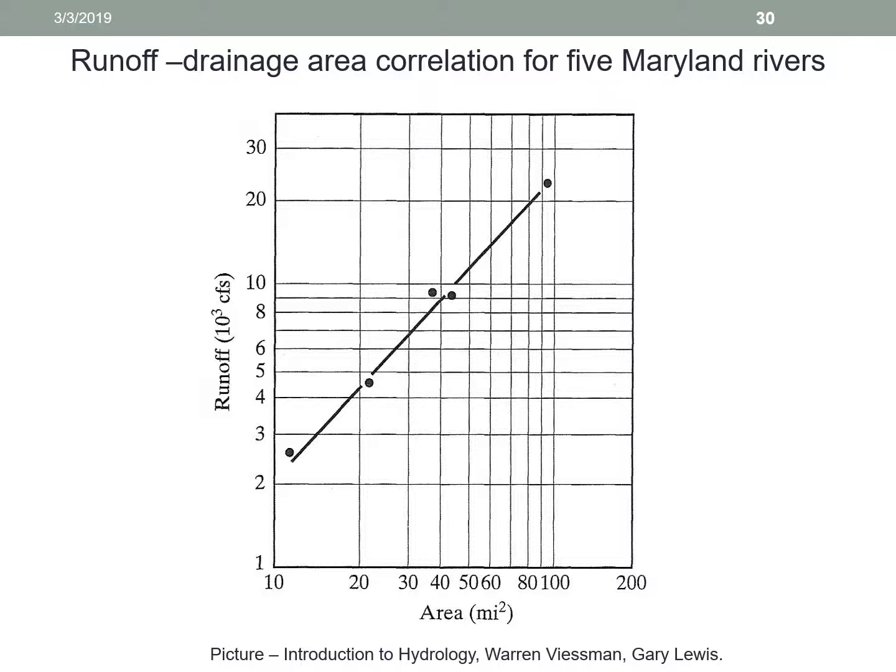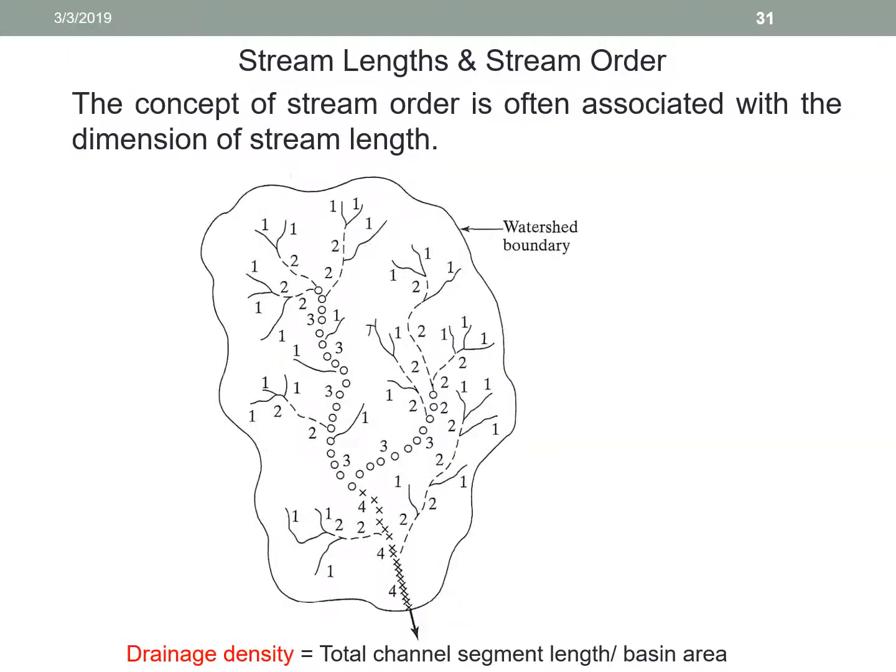Another method is, you see here, the same as what we did in soil class or other classes. If you have points based on the area and runoff, you see points? If you plot a regression line, that is what you need to find your new formula for yourself. So here you will put the points and then plot a regression line, and then you can find runoff for any of the future predictions.